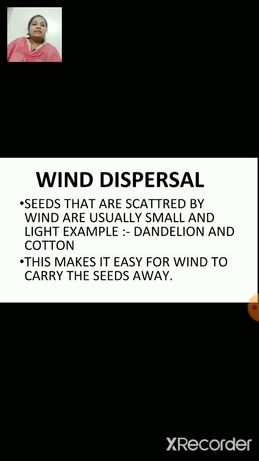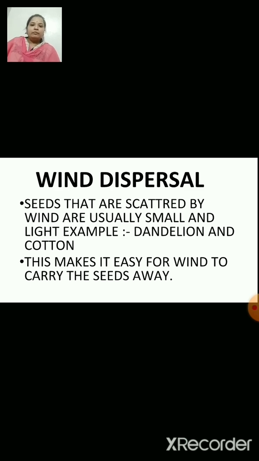The longer the seed stays in the wind, the farther it can be blown away. So these seeds have either hair-like structures or wing-like structures, which make them easy to be carried away by the wind and float in the air.